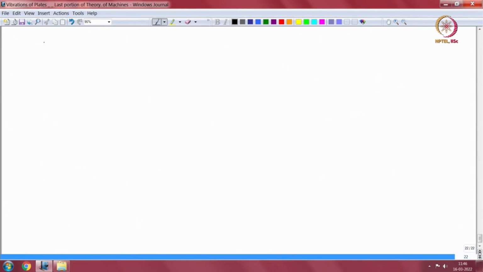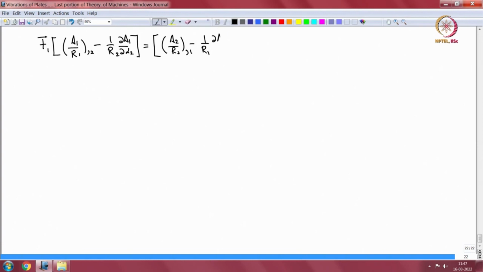Okay, if I do that, I get T1 times A1 by R1 comma 2 minus 1 by R2 del A1 by del alpha 2 is equal to A2 by R2 comma 1 minus 1 by R1 del A2 by del alpha 1 times T2 bar.